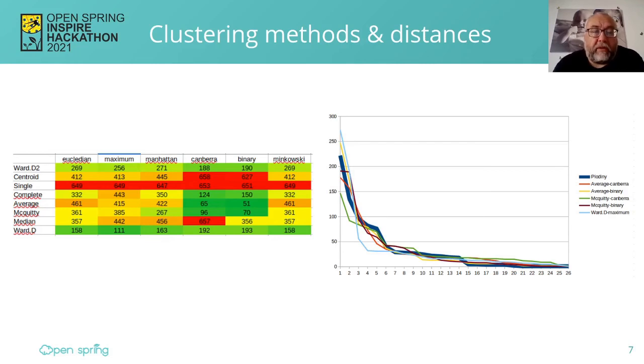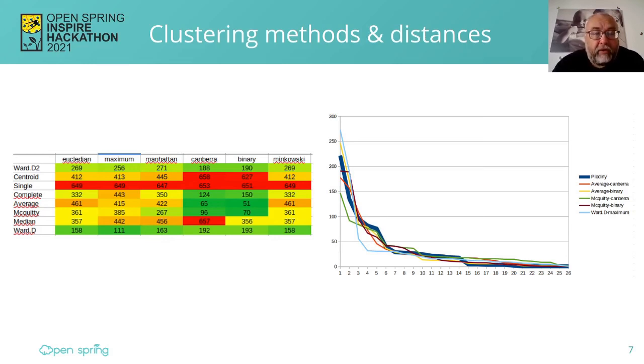First, a comparison of different methods and different ways of calculating distance metrics. These calculations are in the columns of the colored metrics, as you see on the left side, and clustering methods are in the rows.